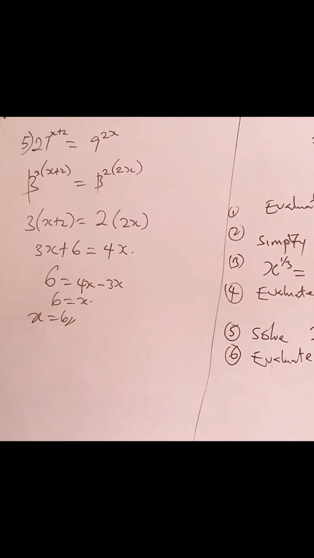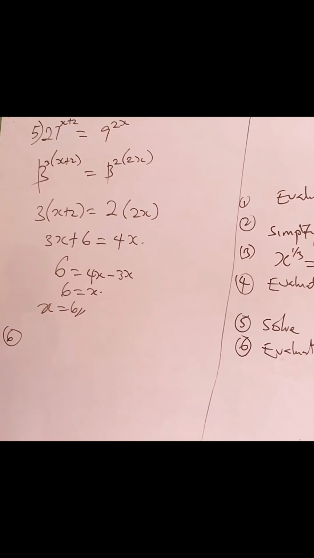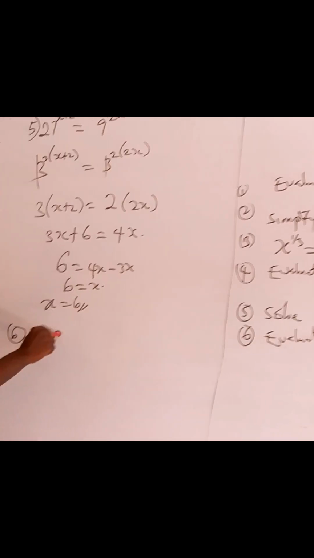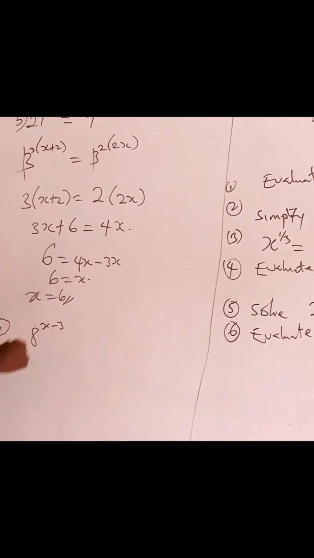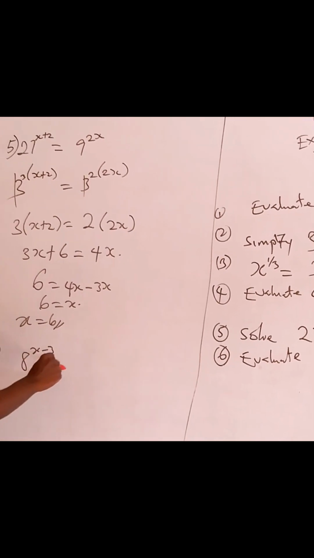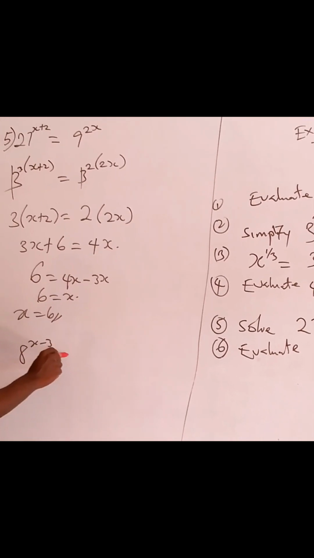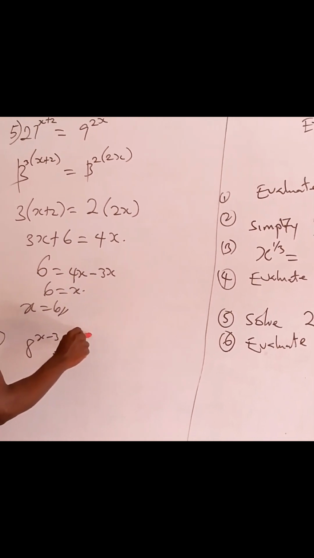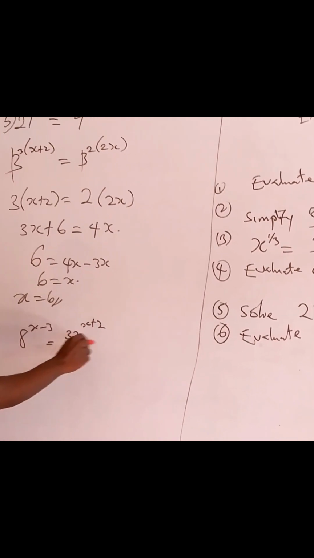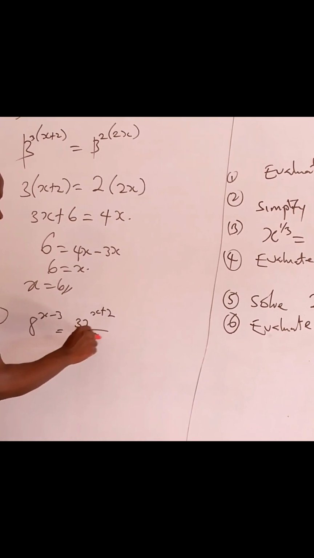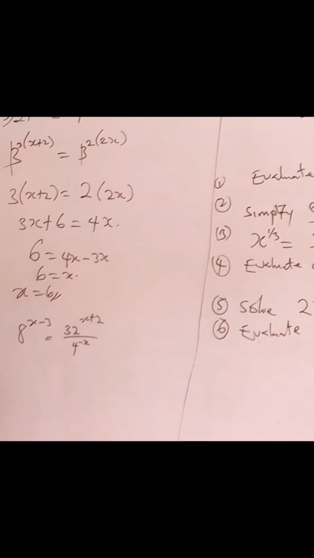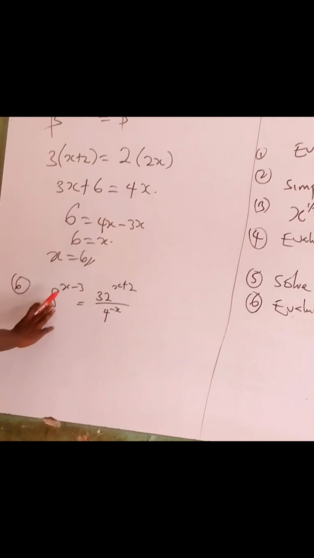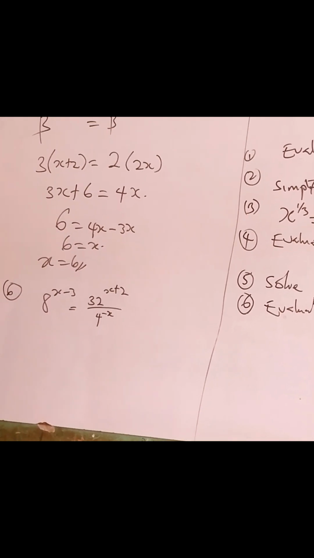Now, the last one, number 6. We have to evaluate 8 raised to the power x minus 3 equal to 32 raised to the power of x plus 2, over 4 raised to the power minus x. I've told you that we should first make sure that they all have the same base.